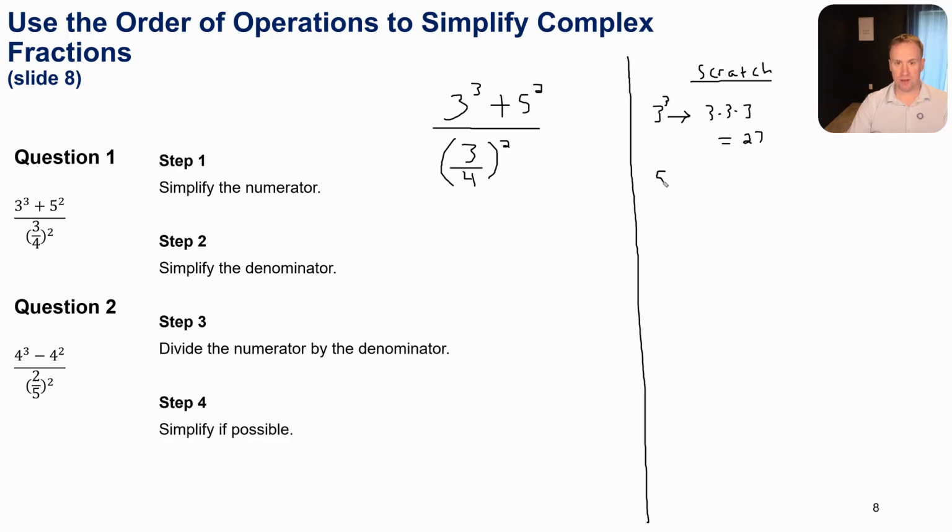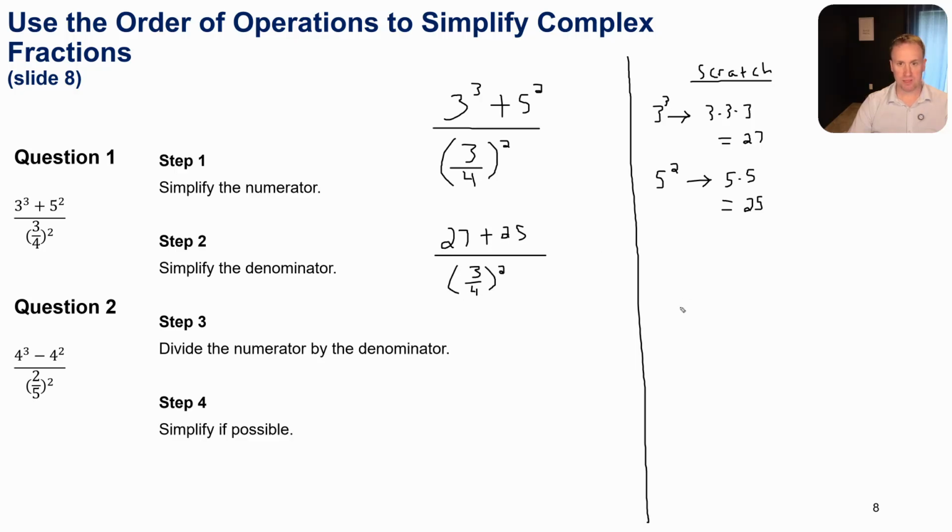And then I'm going to do 5 to the second power, which is really 5 times 5, which equals 25 here. So if I was to rewrite that into my numerator here, this really is 27 plus 25 over my 3 to the 4th power squared.